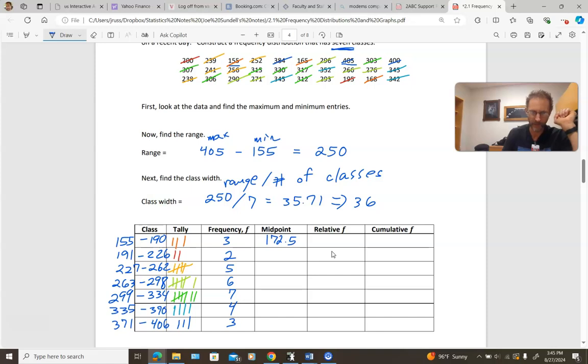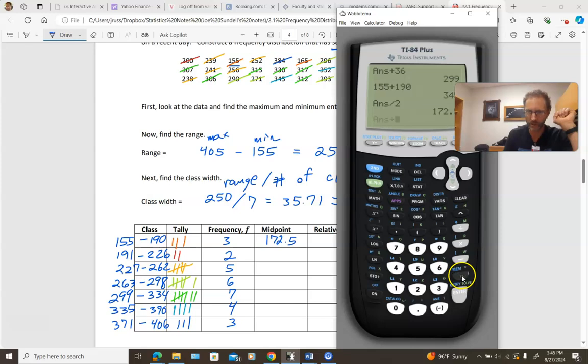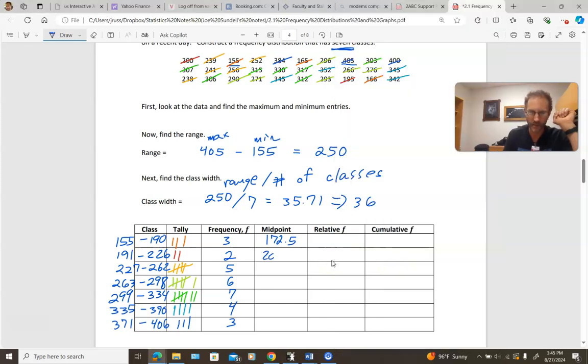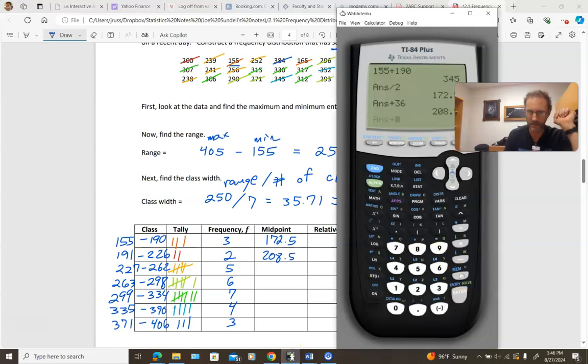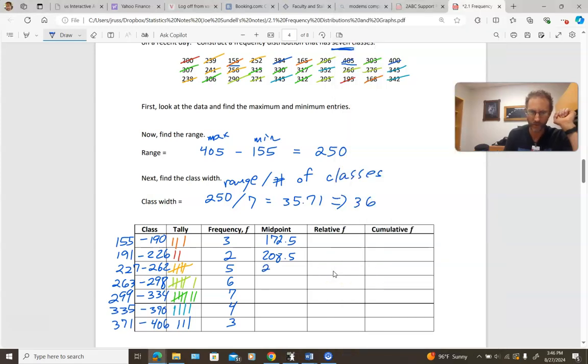Okay. And then for the rest of these, I could just add 36 to each one. So I could say plus 36. That'll take me to 208.5. Add another 36. We've got 244.5.